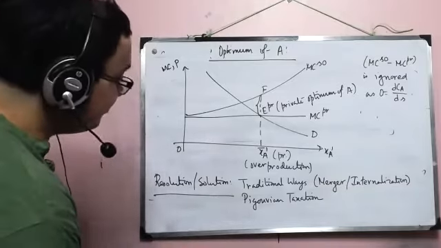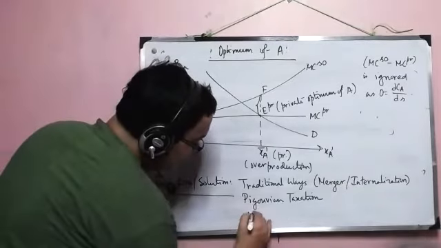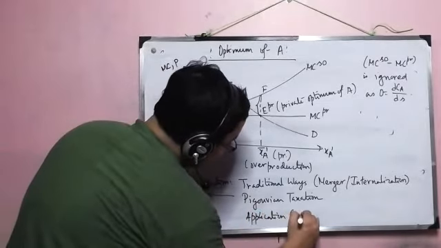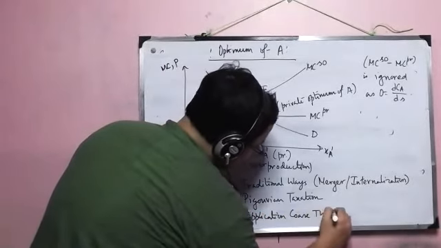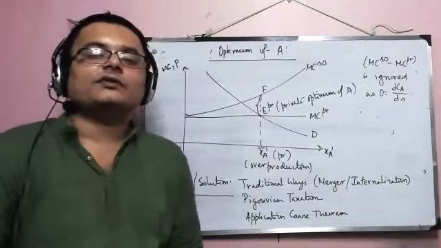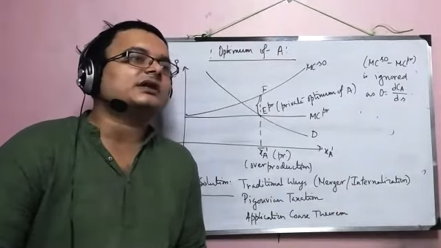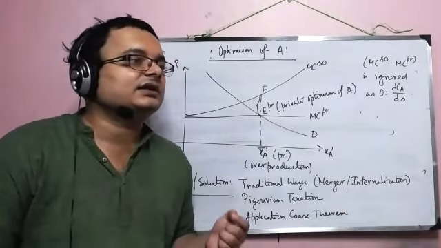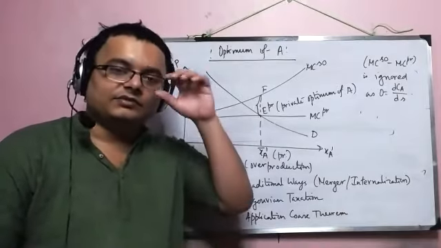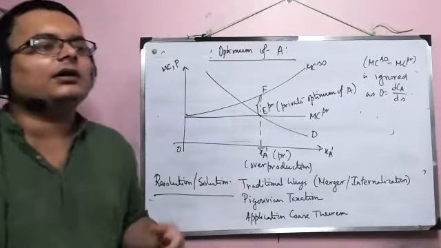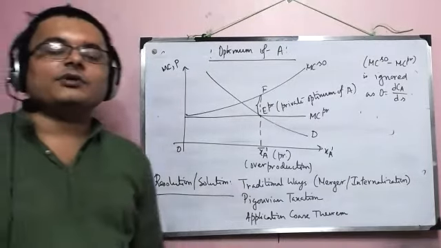And the third is the application of Coase theorem. So what is the idea of Coase theorem? Coase theorem shows, rather, that the generation of this externality problem is involved in the undefined or not so clearly defined property rights.